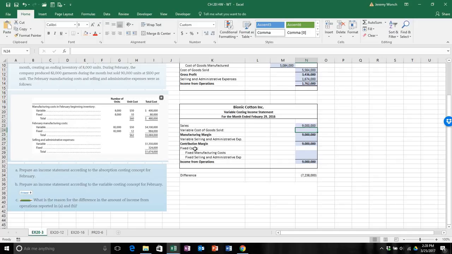Then we plug in our variable cost of goods sold. We sold 90,000 units, but we just want the variable cost, not the fixed, so the variable portion is going to be $50.